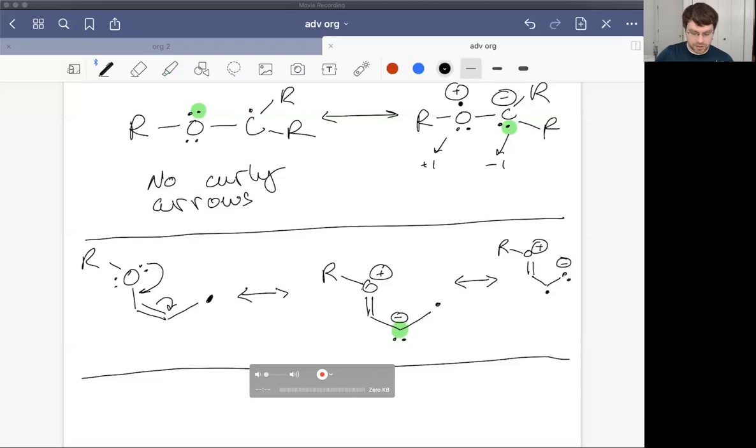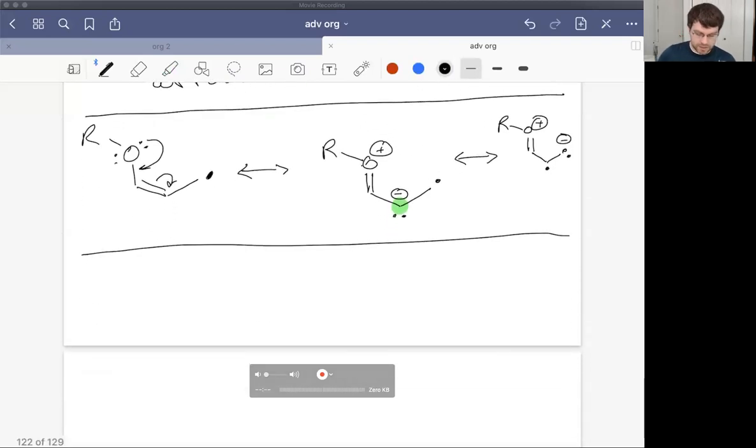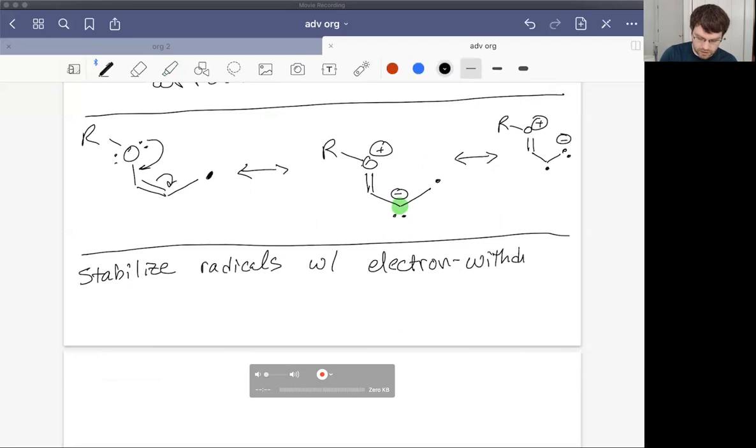Okay. What we can also consider is stabilizing radicals with electron withdrawing groups. So stabilizing free radicals with electron withdrawing groups. Okay.